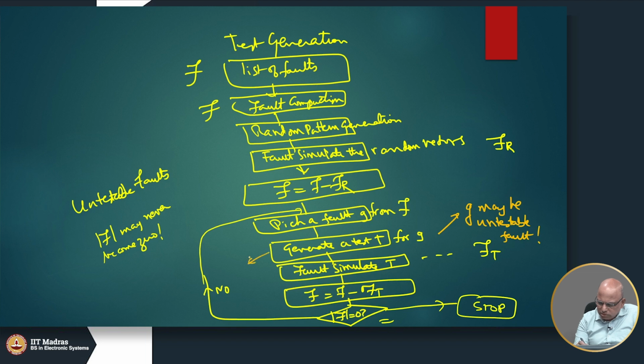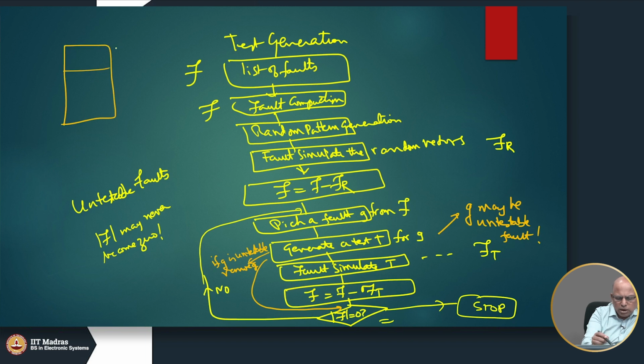So, if G is untestable, remove G and then continue. So, your ATPG tool will be able to tell, hey, I had undetectable faults. They may be redundant, etc. So, I cannot detect those.